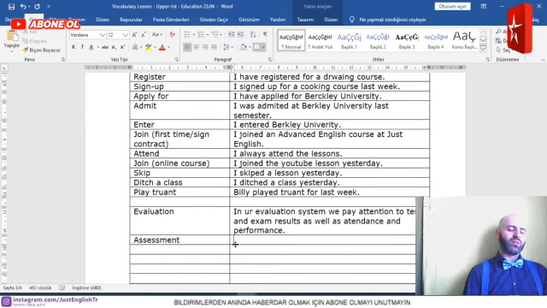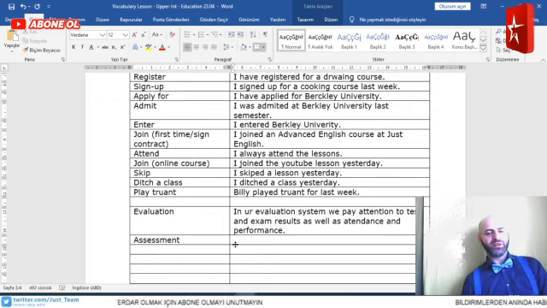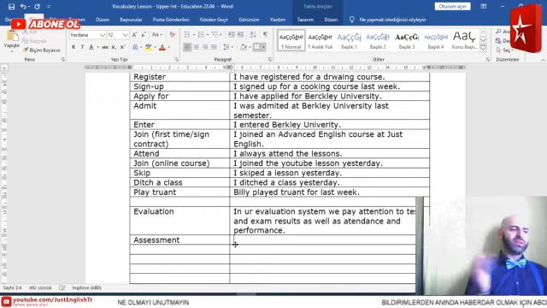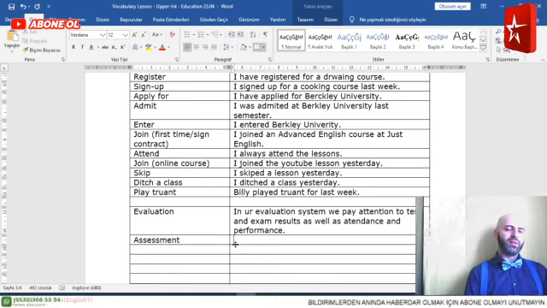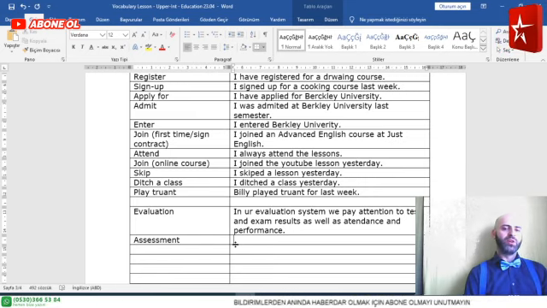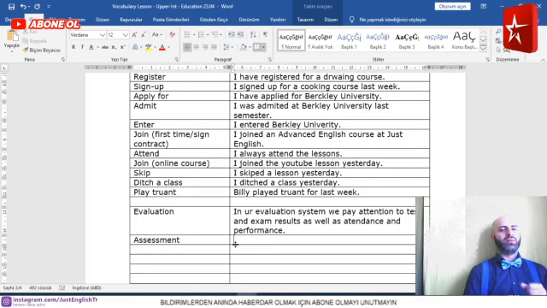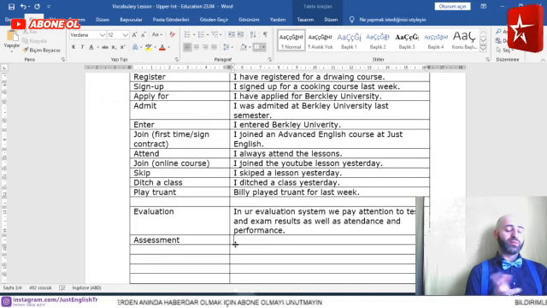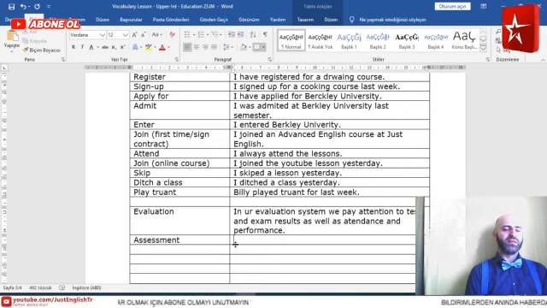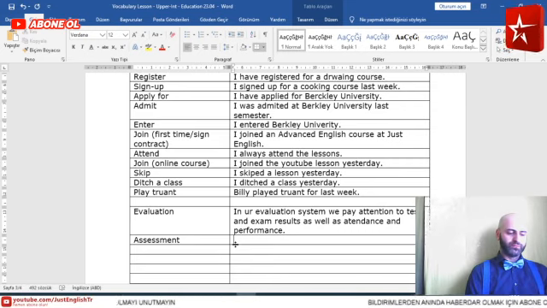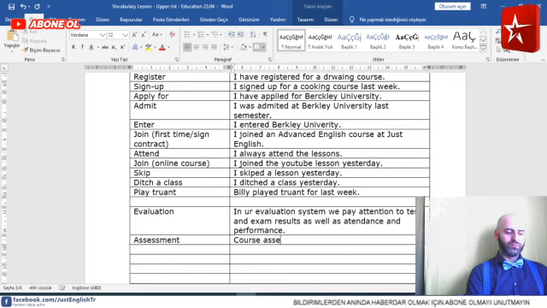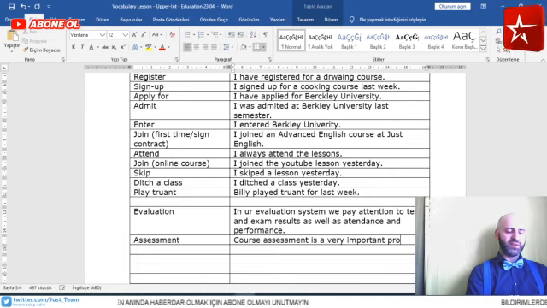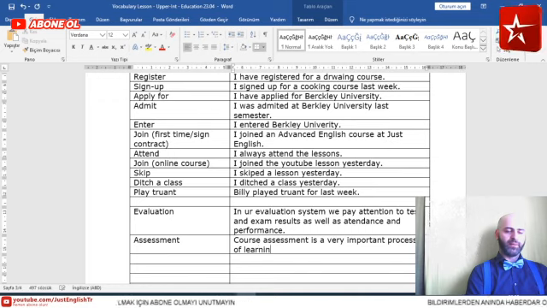So we can use course evaluation or course assessment also for this, when the teacher evaluates the student and also when the student evaluates the teacher. These words are interchangeable, so you can use both in the same sentence. It does not change the meaning. Course assessment is a very important process of learning.